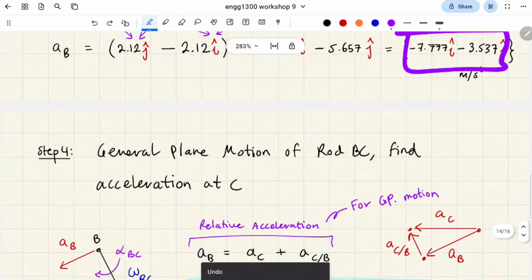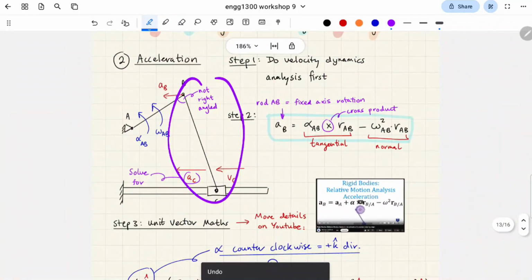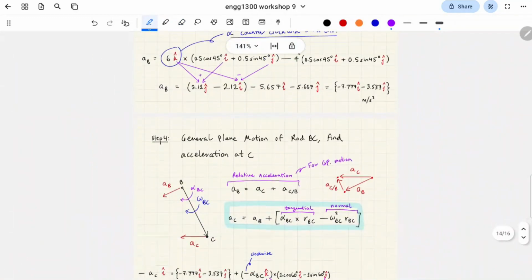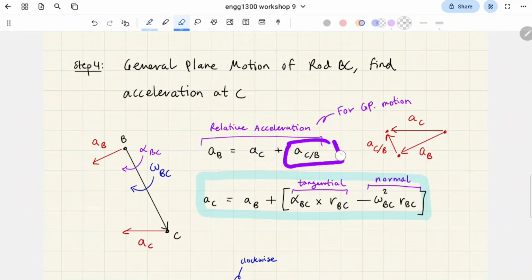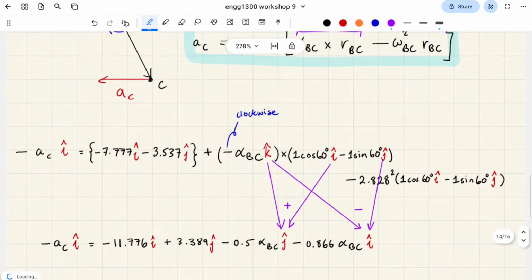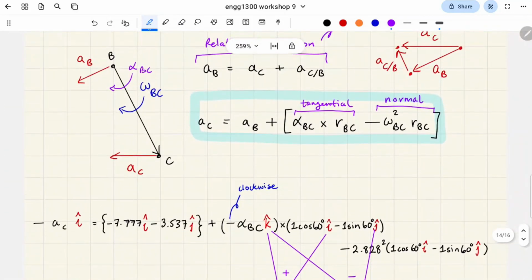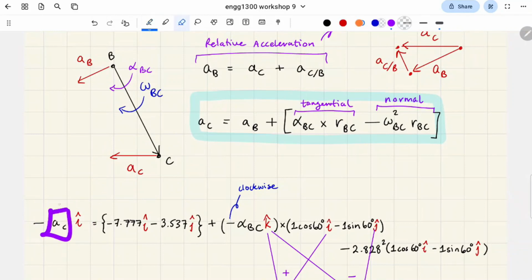For general plane motion, that's for rod BC, this one here. That's not fixed, so you have to add on this extra component, and then you split the relative motion portion into its tangential and normal components. Here's where it gets a bit funky. Since AC is purely going to the left in the i direction, we've made that negative i, so that when we solve for it, that's just going to be the magnitude.